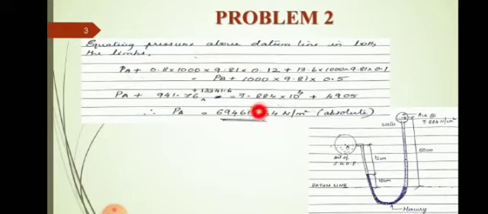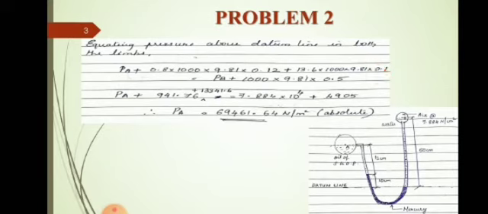So the pressure above the datum line in the left limb will be PA plus 0.8 into 1000, which becomes the density of the liquid, into g into 12 centimeter, which becomes 0.12 meter, plus mercury for a height of 10 centimeters. So 13.6 into 1000 into 9.81 into 0.1, as 10 centimeter is converted to meters.